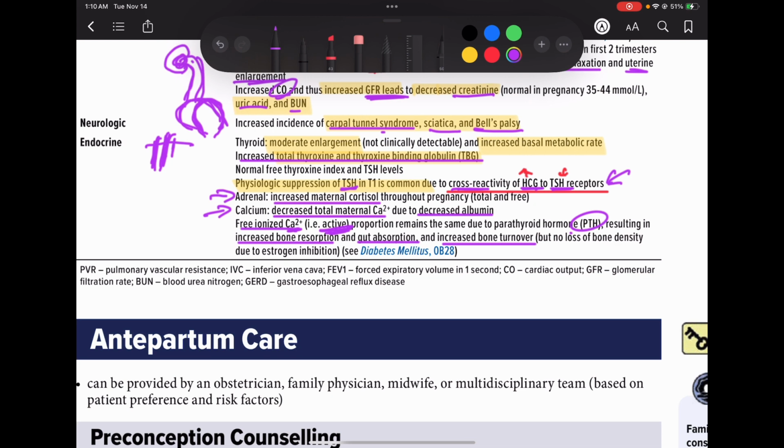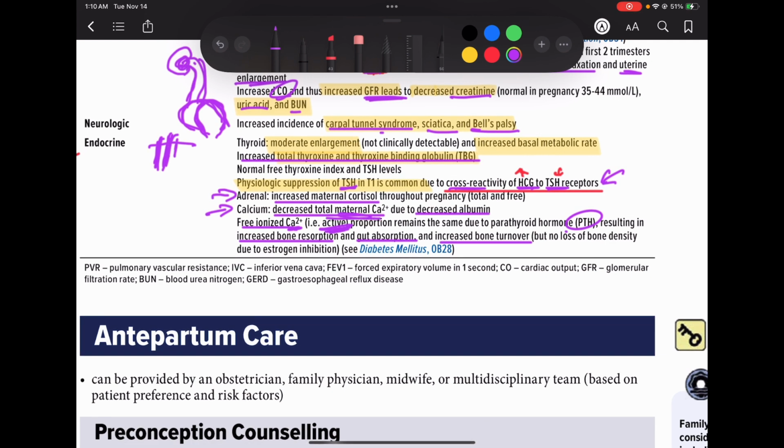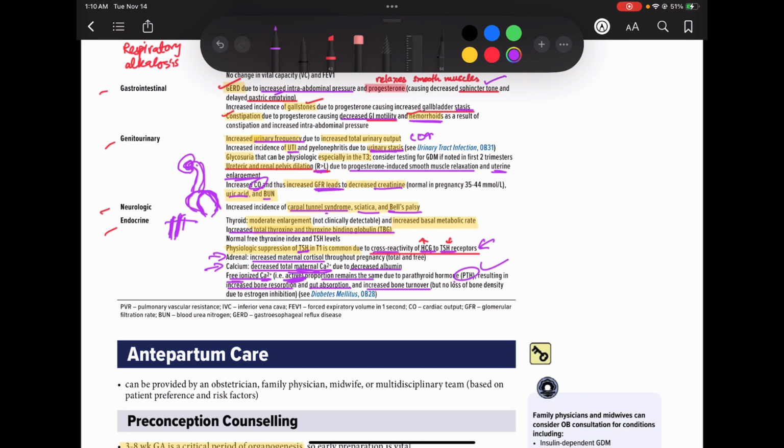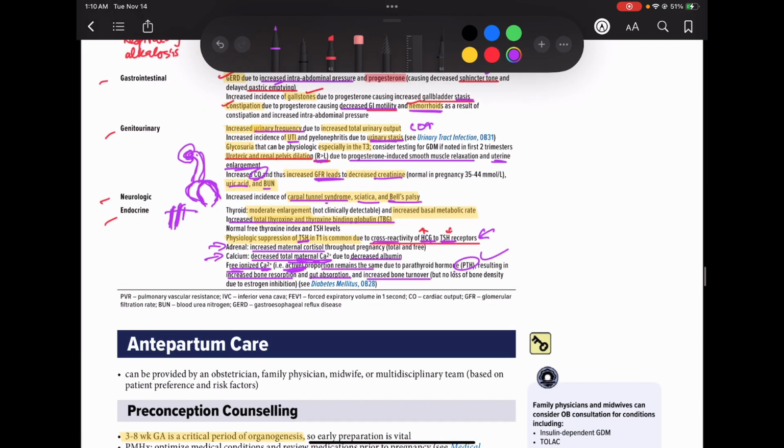So that is an apparent decrease in the total maternal calcium, but the free ionized calcium, which is the active one, which is what we need, is controlled by parathyroid hormone, and it is normal. That proportion remains the same. So that was some endocrinal changes during the pregnancy.